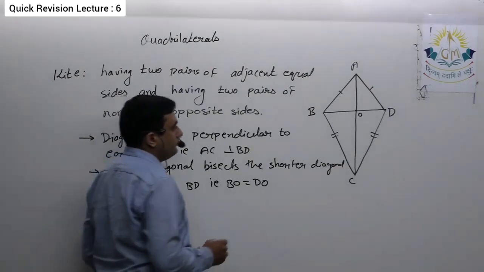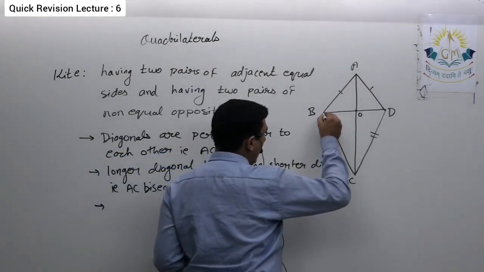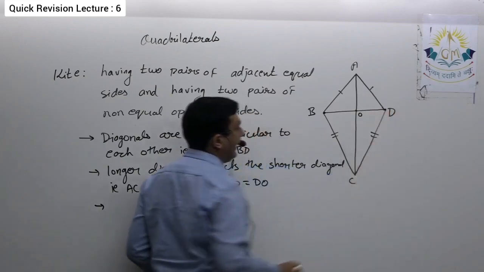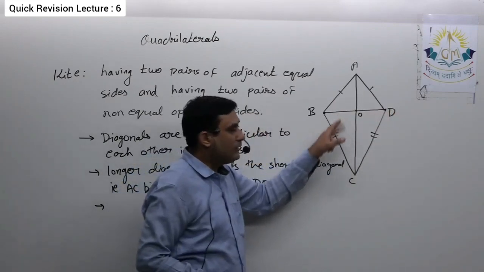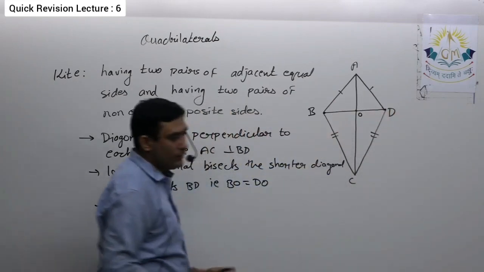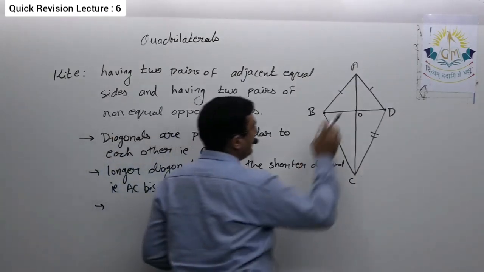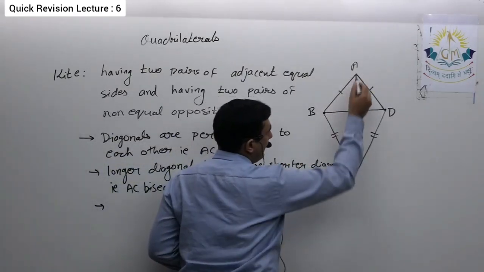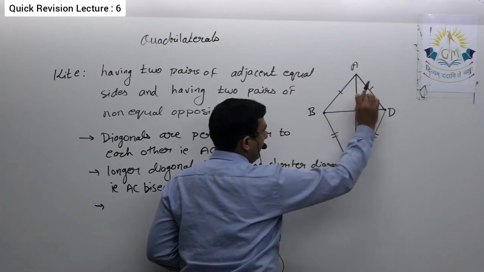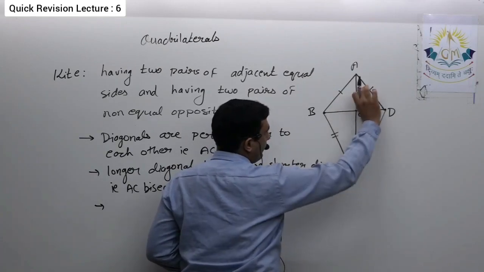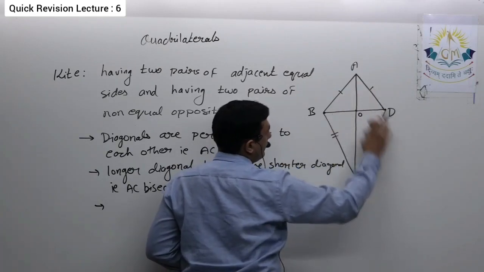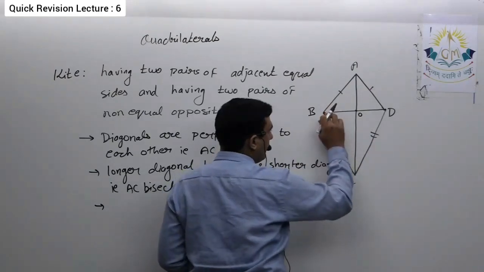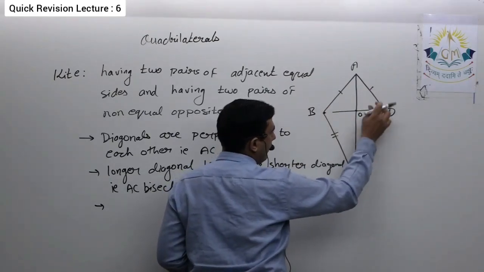Now, angles at the vertices of the shorter diagonal are equal. If you know something about congruency, we can prove it. In triangle ABC and triangle ADC, AB equal to AD, BC equal to CD, and AC common. So we can say these two angles are equal.